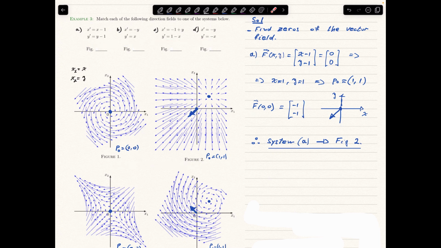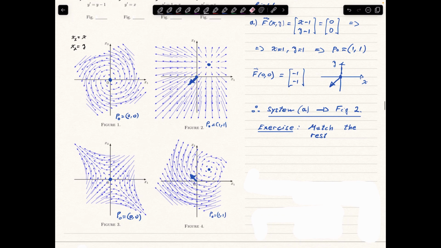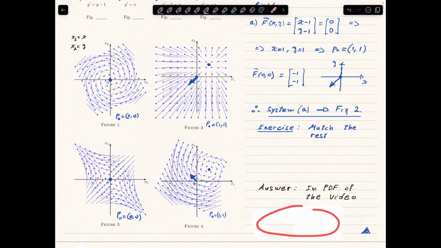So exercise: match the rest. And after I finish the video, I'm going to post the solutions, because the solutions are here.